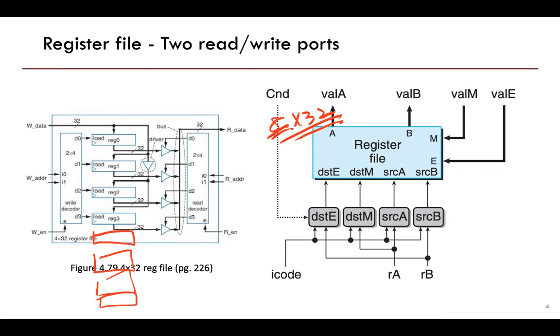Here we have one write address, and finally this data will be stored to the corresponding register based on this address. So if this address indicates register 1, then the data will be stored in register 1. So we can just write one data at a time.